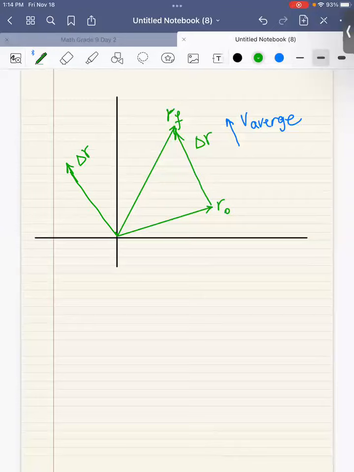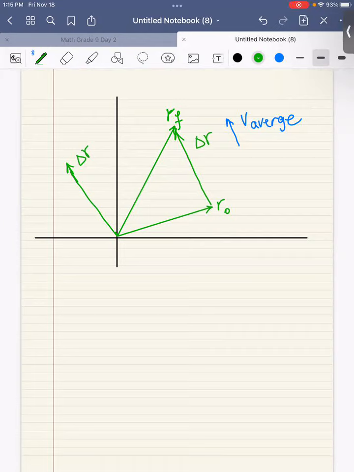It's usually what we use for the position vector, but it has two components, x and y. So v average is in the same direction as delta r. I hope that this helps.